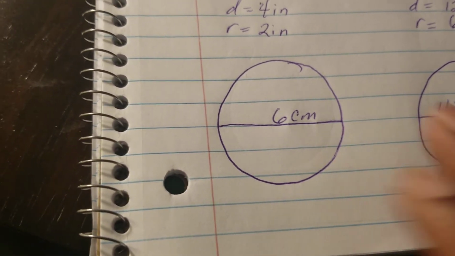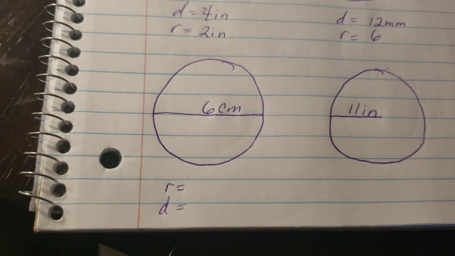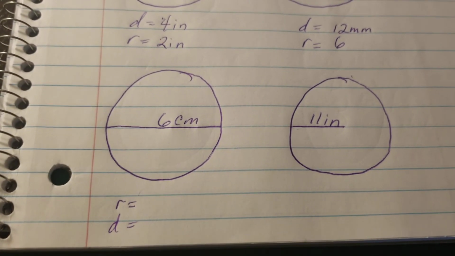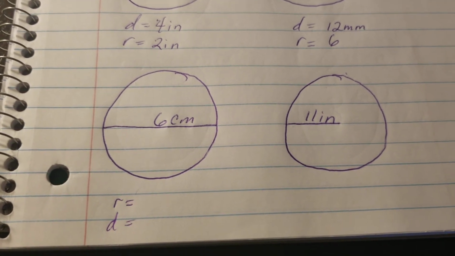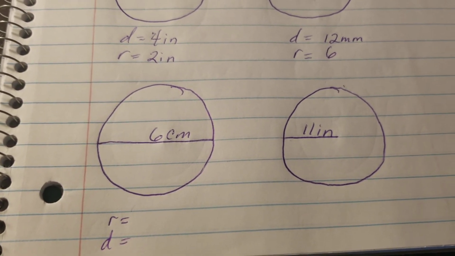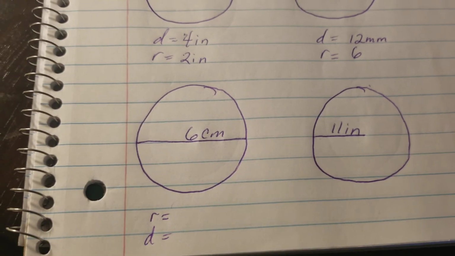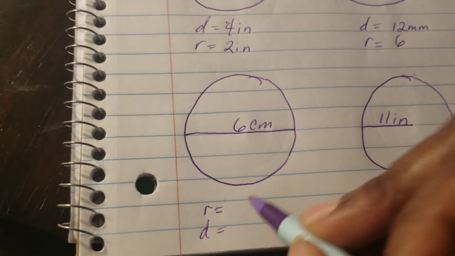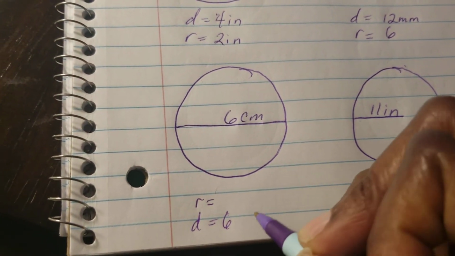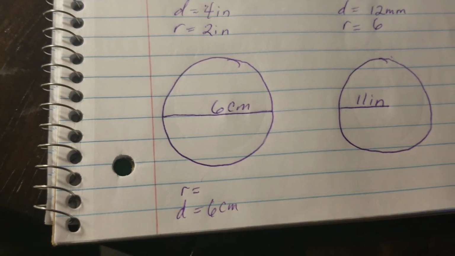All right, so let's go down here. You have 6 centimeters. And what is 6 centimeters? Is that our radius or is that our diameter? Which one is it? You should have said it was the diameter, because the diameter extends from one end of the circle to the other. So again, it's already been given to us. So I'm going to say 6 centimeters is my diameter.